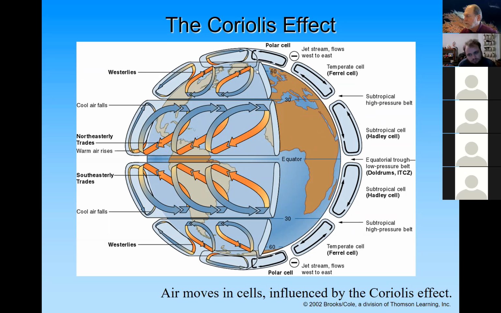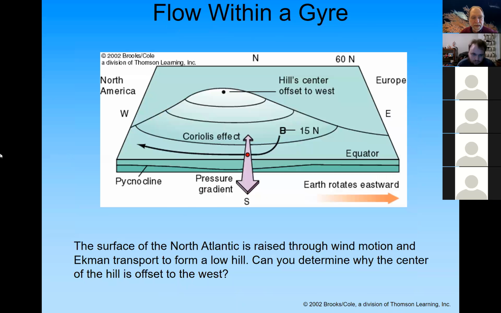Okay, so you get this picture then of water being displaced to the center. So here we are depicting the northern Atlantic Ocean, and so here's the equator, and here is the wind.